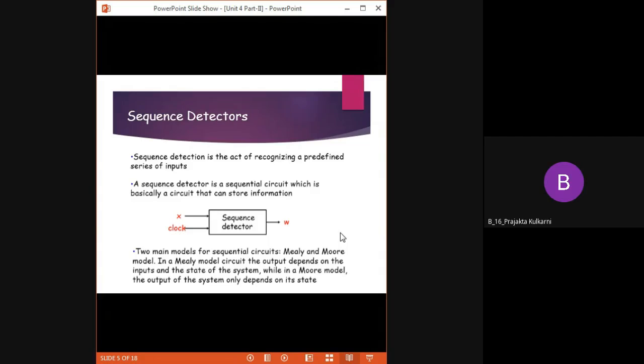It is a circuit which detects a sequence of the input.